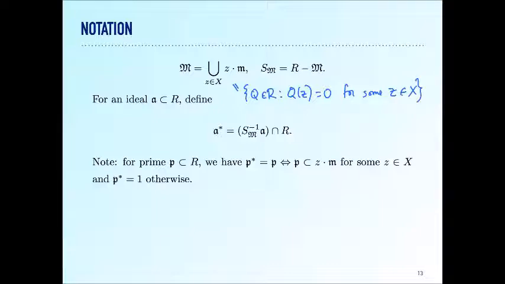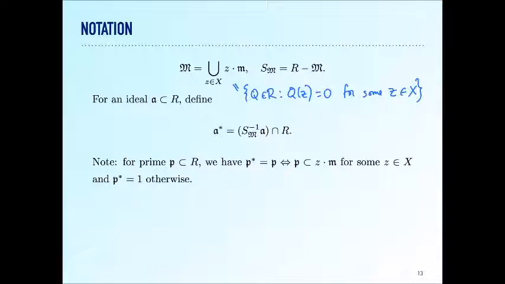And then S, we're going to use this as a multiplicative subset. This is the complement. If q and q prime don't vanish on any points of X, then their product doesn't either. It's a multiplicative subset, so we can localize at it.